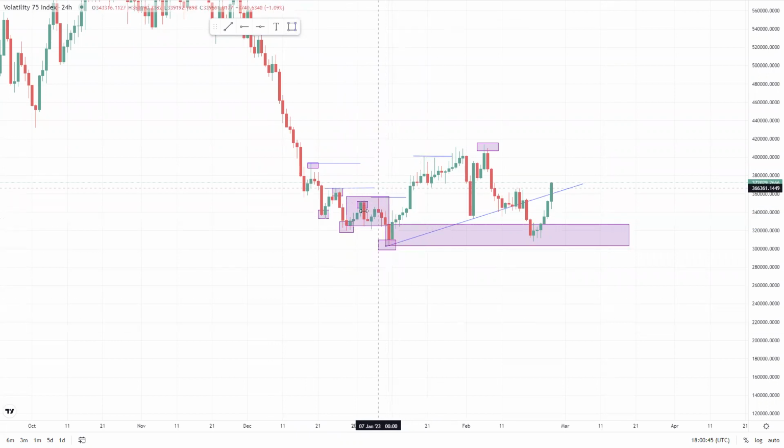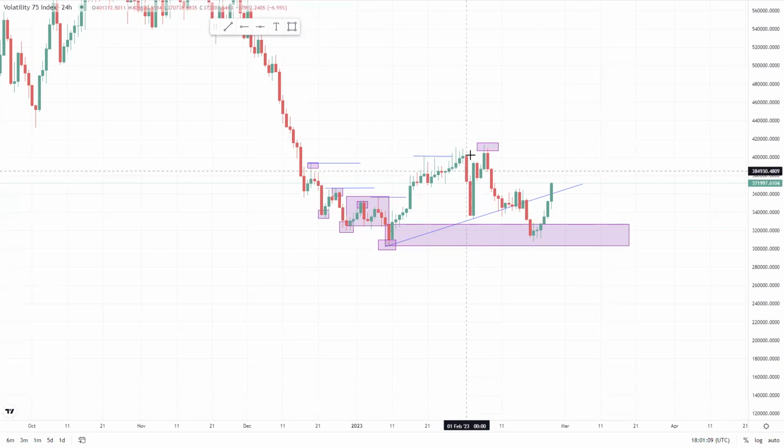This is a ranging structure. It was altogether broken with the previous swing points here of lower lows. So when the market broke these lower lows, it was a confirmation that the market was not going to continue pushing, because the trend has come to an end.